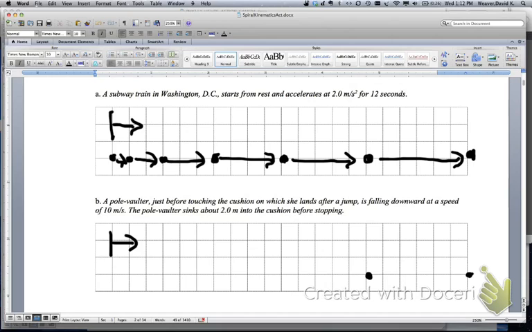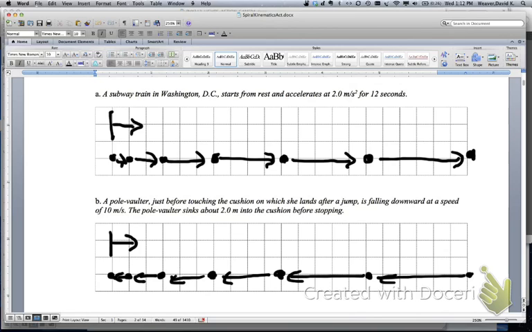Now let's go back down 1, 5, and then 1, 2, 3. Perfect. And so the motion appears to be this way.